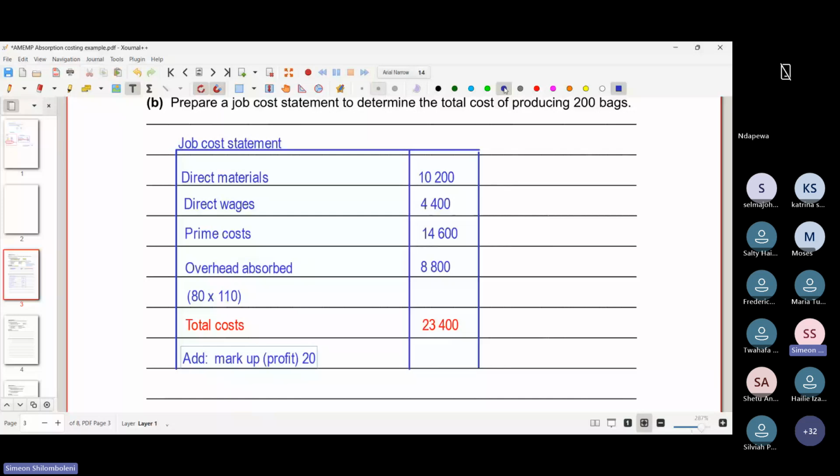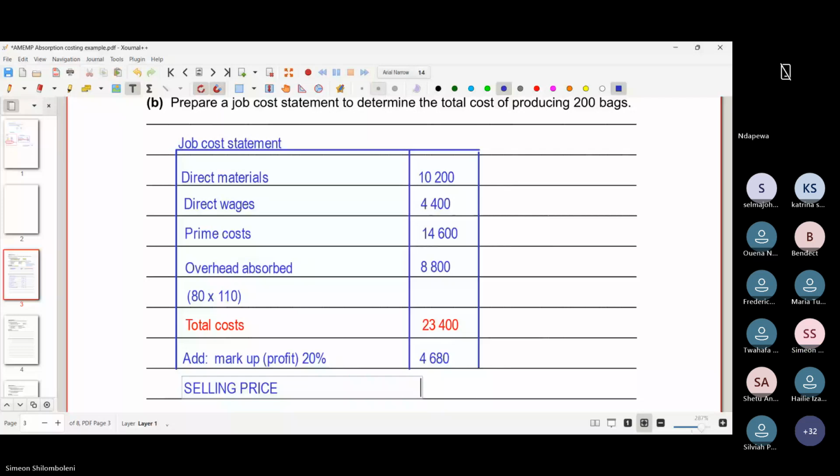Now, how much is that profit? 4,680. Now, your selling price, when you go back to the people who want those bags, you will now tell them that they must pay how much? 28,080.